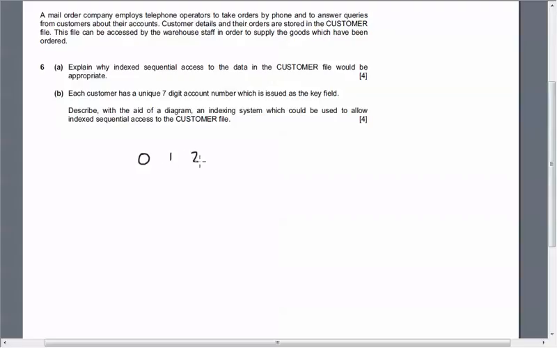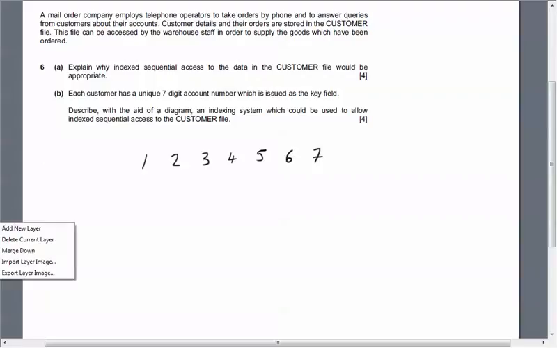So we've got 0, 1, 2, 3, 4, 5, 6, 7 digits.